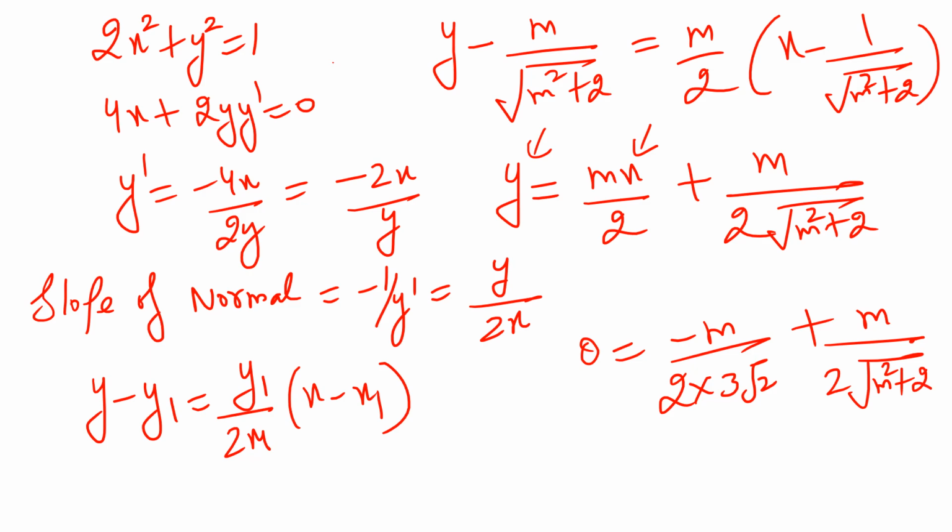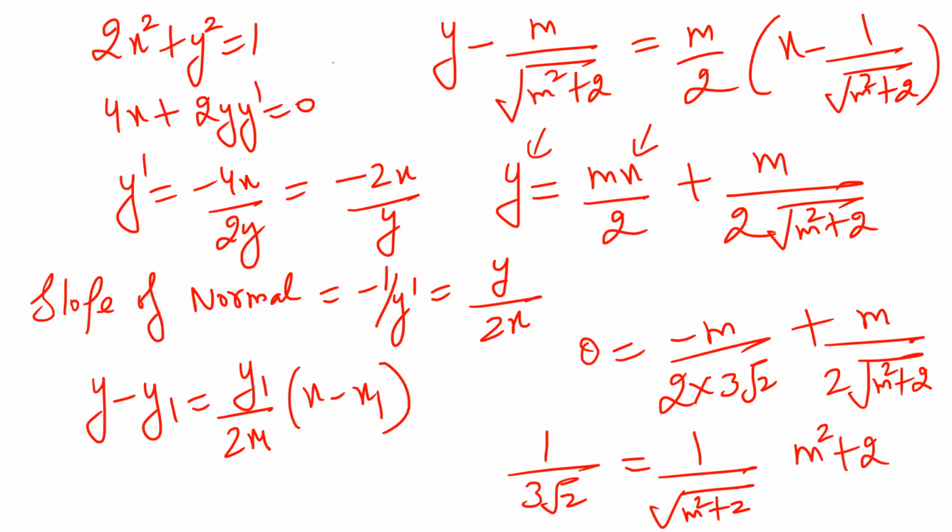Now students, when we solve this equation, we get 1 upon 3 root 2 equal to 1 upon square root of m square plus 2. Squaring both sides and cross multiplying, we will be getting m square plus 2 equal to 18, or m square becomes equal to 16. Now we already know that the value of m is positive, so the value of m becomes 4.